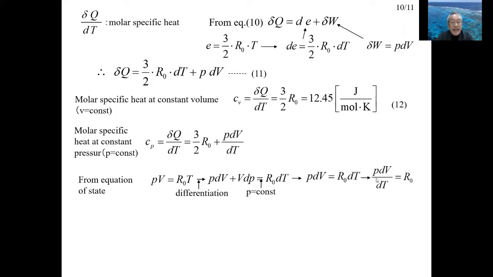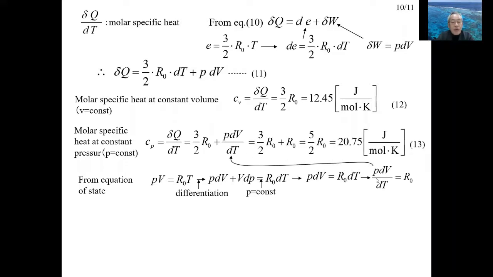When both sides of the equation of state are differentiated with respect to temperature T and deformed with constant pressure P, dV over dT becomes R0. Substituting this into the above equation, the molar specific heat at constant pressure can be obtained as shown in equation 13.